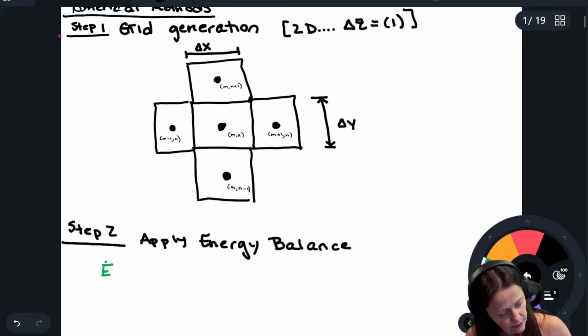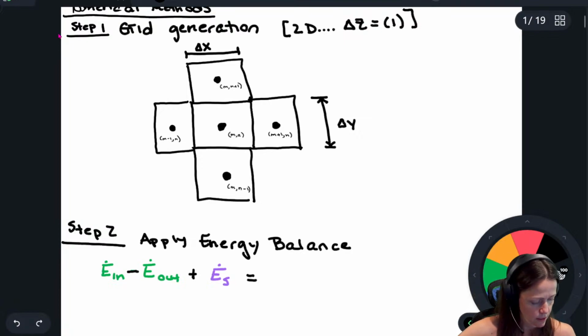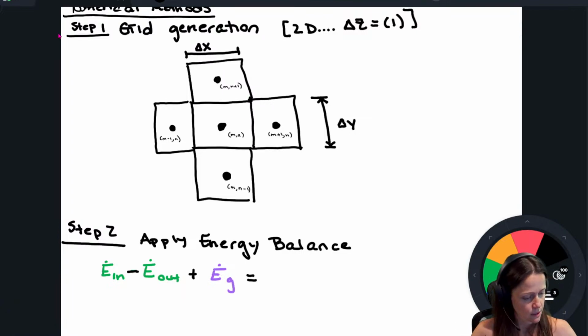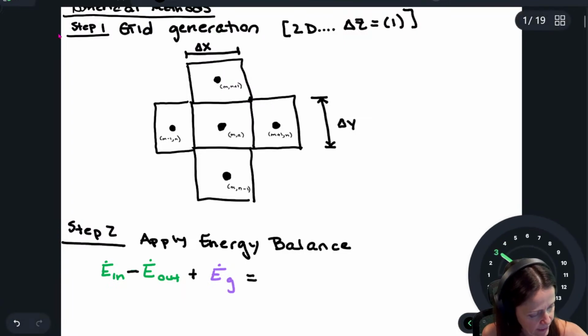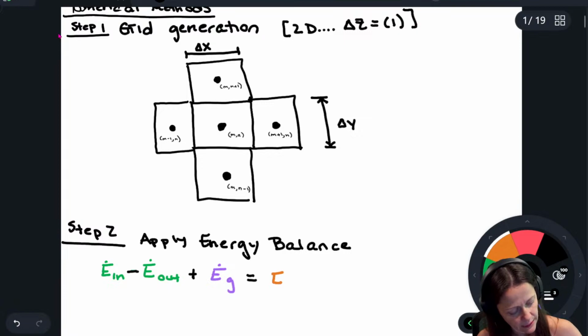So I have E dot in minus E dot out. Perfect. Plus E dot G. And then I'll have an E dot ST.